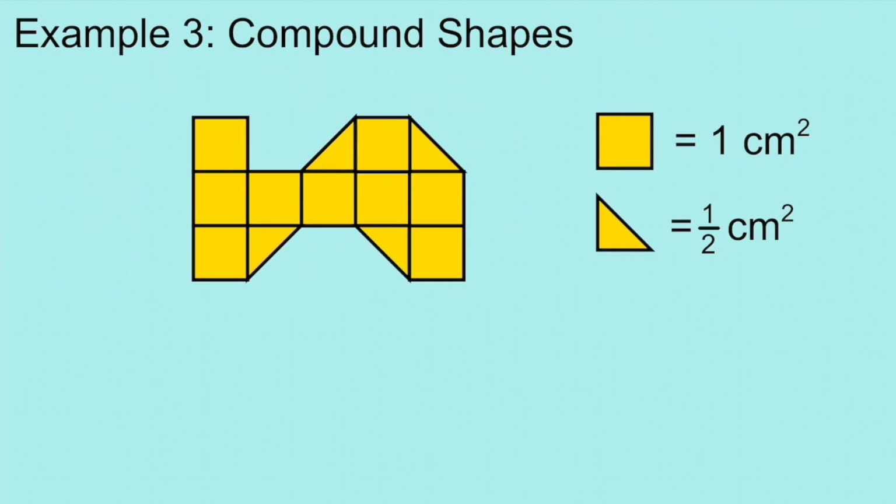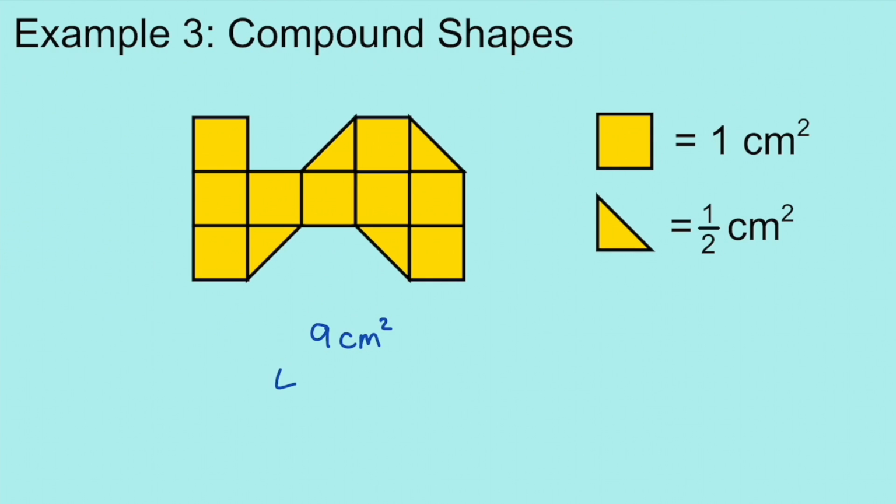So in order to find the total area, I'm just going to add up, first of all, the number of full squares. So let's count 1, 2, 3, 4, 5, 6, 7, 8, 9. So I'm going to write 9 squared centimetres. The next thing I'm going to do, I'm going to count up how many triangles there are. There's 1, 2, 3, 4.